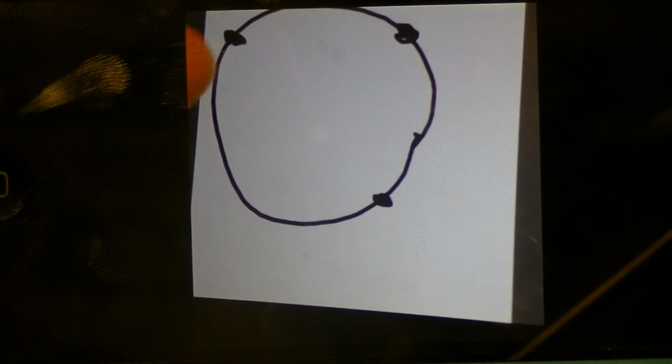You can just find what the total is, and then you would add this right here, and then you would add this right here and subtract it from the main, and that's pretty much the arc addition postulate.